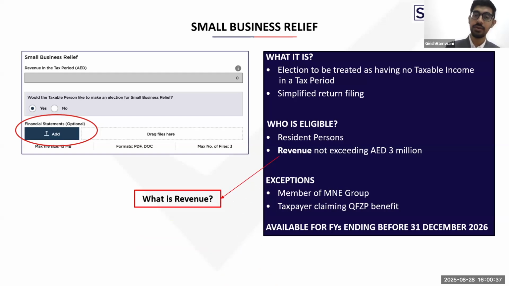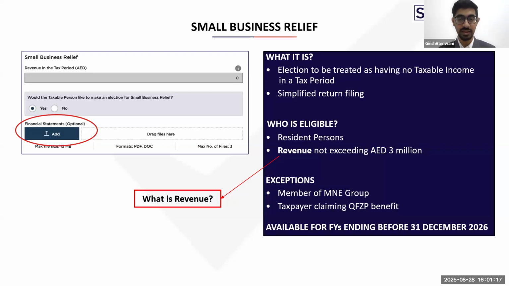Now, another important question that would come over here is, what is your revenue? In general parlance, revenue generally means revenue from operating activities, that is, from whatever operations you're carrying out, whatever sales you're generating, that is the revenue. However, the corporate tax guide has clearly explained that the revenue for the 3 million threshold would include your revenue from operations, any kind of other income, any interest income, any forex gain or loss, or any miscellaneous income that you would have earned.